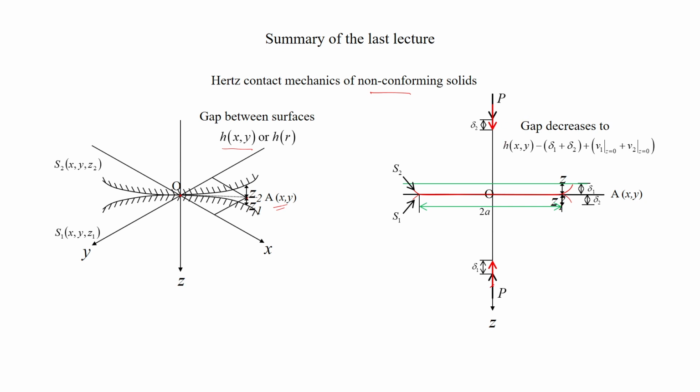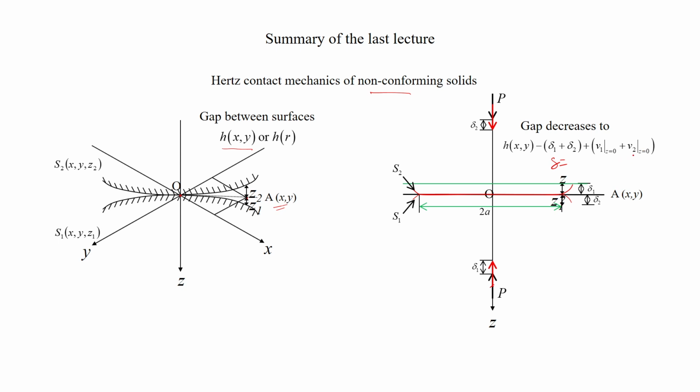So, the points of application of these two bodies come closer by a distance delta 1 plus delta 2, and then I discussed in detail that the gap at the point, let us say A, decreases from h(x, y) to h(x, y) minus delta, that is delta 1 plus delta 2 equal to delta, here plus this v1 at z equal to 0 and v2 at z equal to 0.